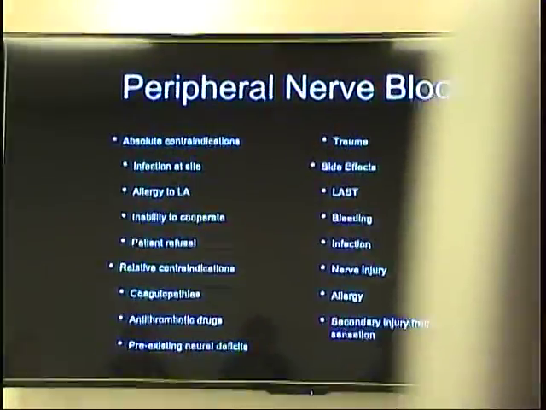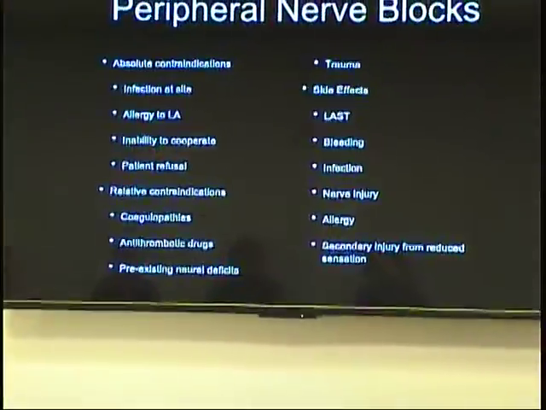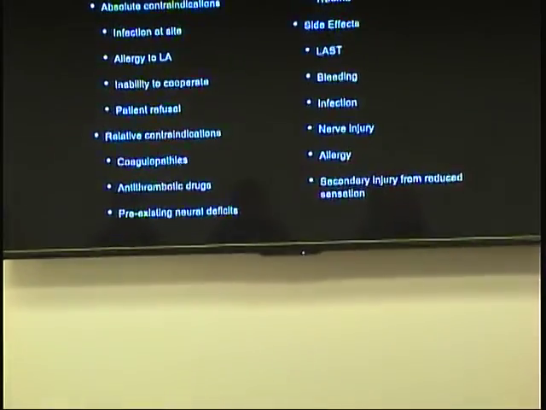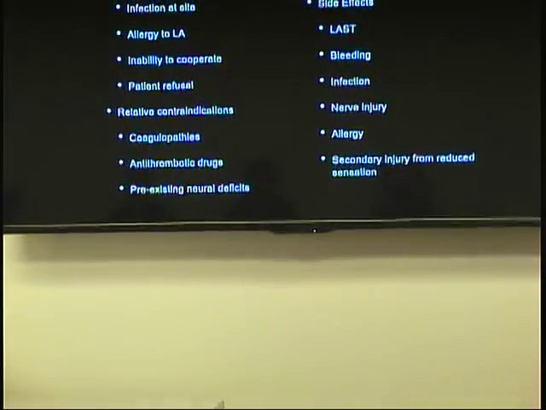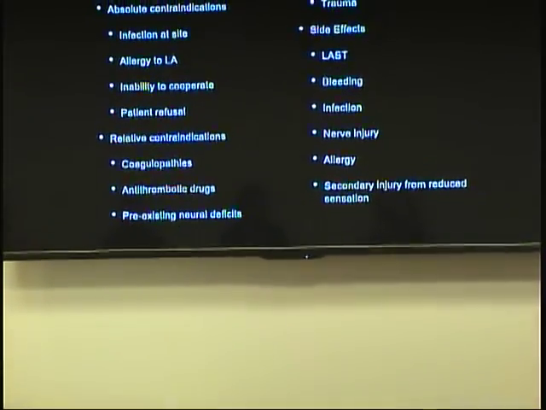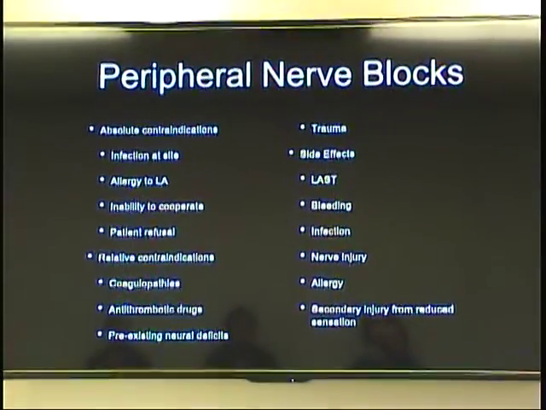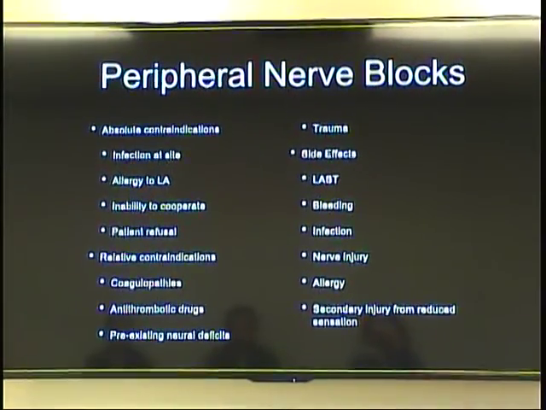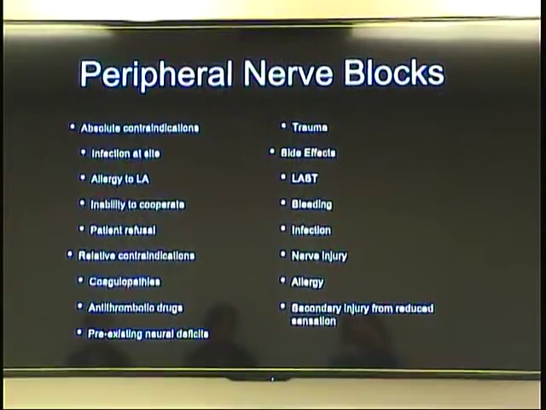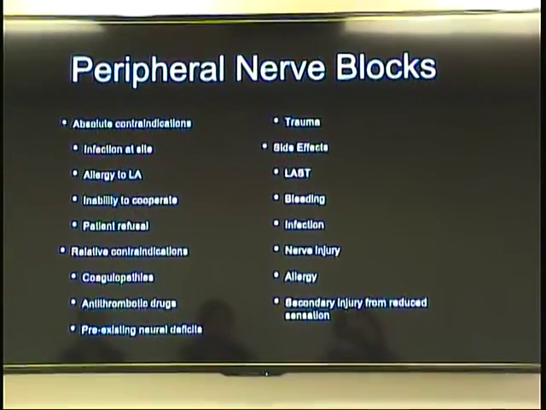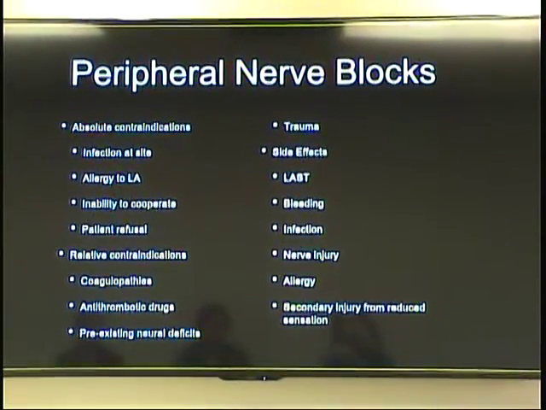If you have someone with, say, ALS, or maybe diabetic neuropathy, you might want to either use less, or you might say, I'm worried about a permanent nerve injury, maybe I won't do anything at all. But blocks have still been used successfully without issues in patients with pre-existing neural deficits. So it's kind of a case-by-case basis.